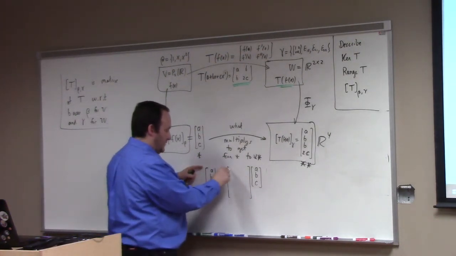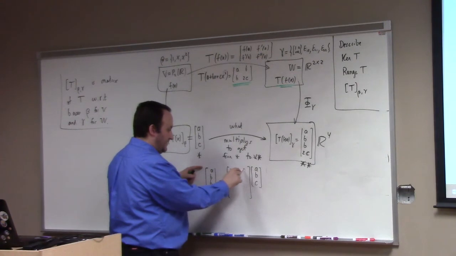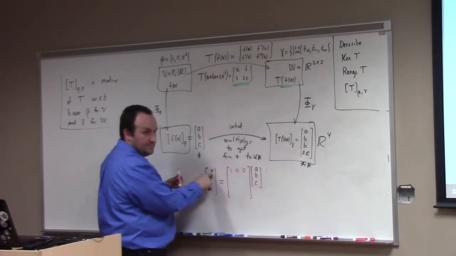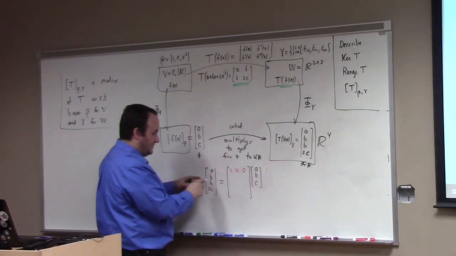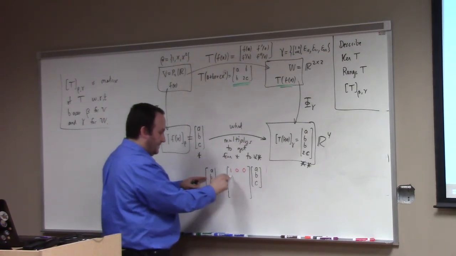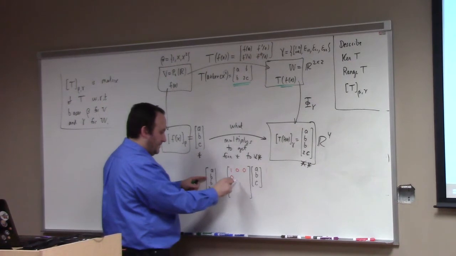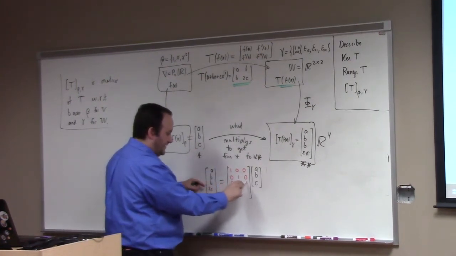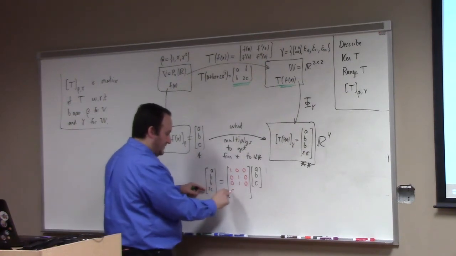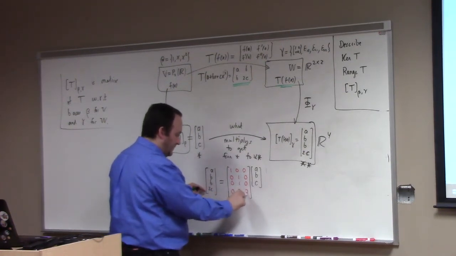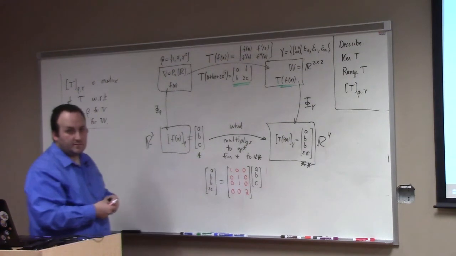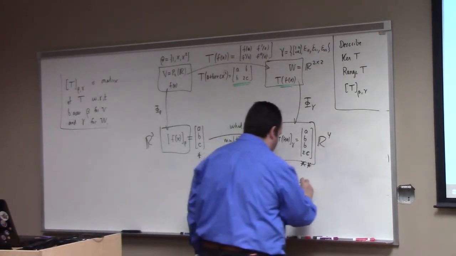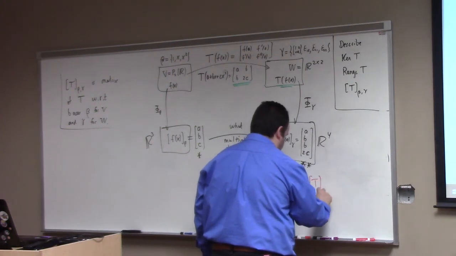So I get 1, 0, 0, because ABC multiplied by 1, 0, 0 gives me the A. What's next? 0, 1, 0 to get the B, 0, 1, 0 to get the other B, and then finally 0, 0, 2 to get the last row. And this, guys, is the matrix with respect to the beta gamma basis.